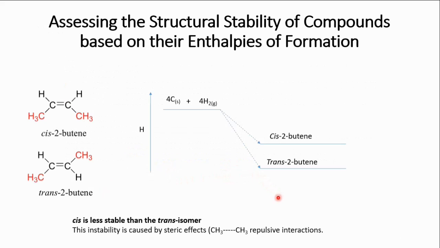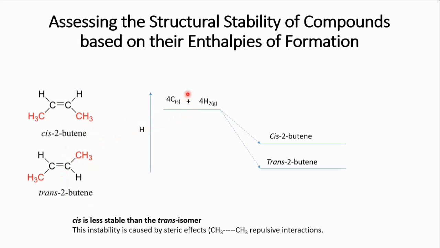Now, just to point out the whole idea of assessing stability using enthalpy of formation values. Look at these two isomers, cis-2-butene and trans-2-butene. You can assess the stability of them.